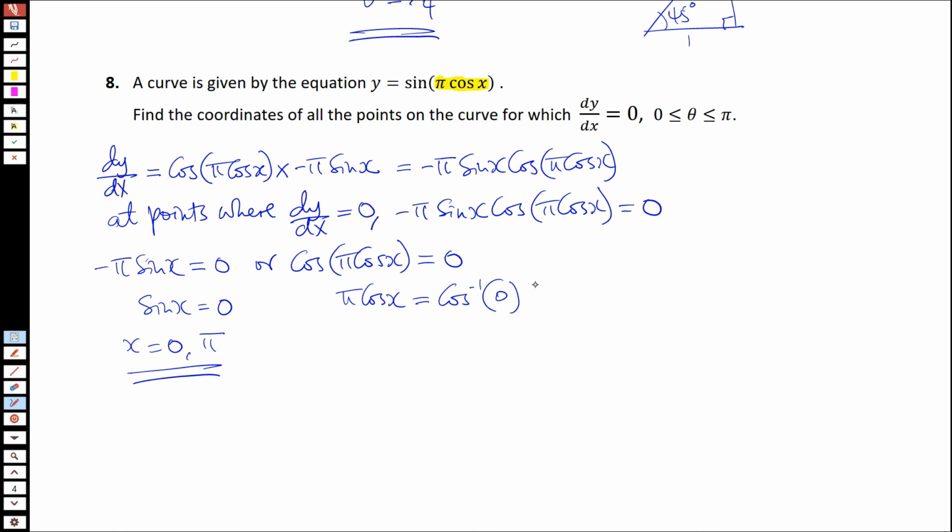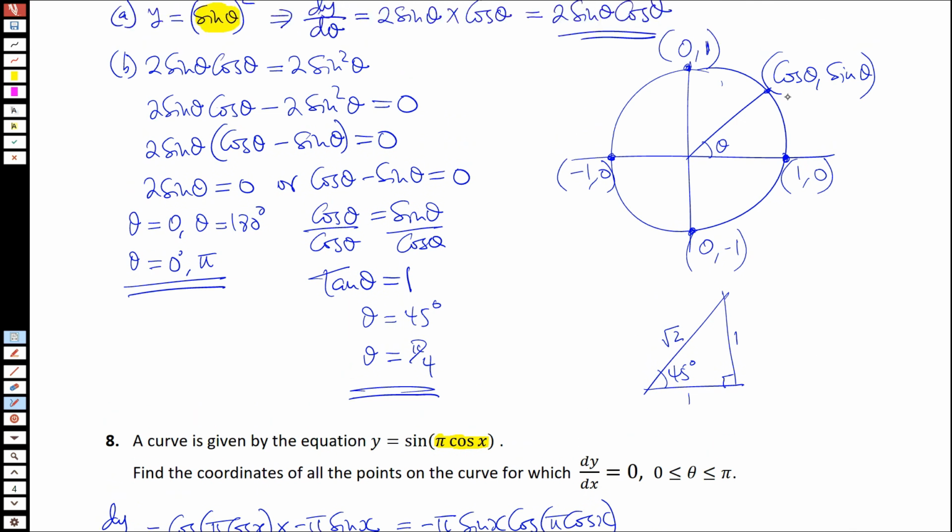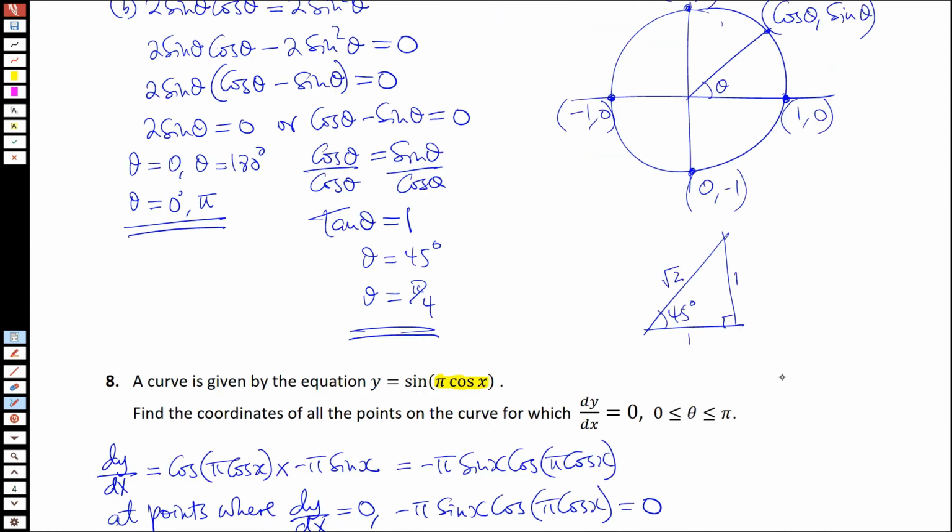Now arc cos 0 will be equal to pi over 2 if you look at the unit circle, because cos of 90 is 0, and also another angle, cosine of negative 90, is also 0.